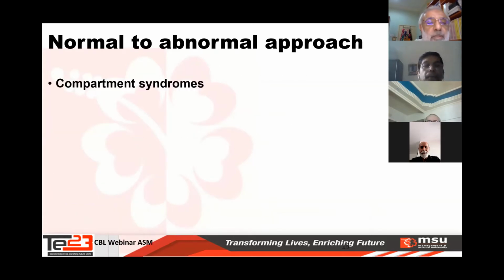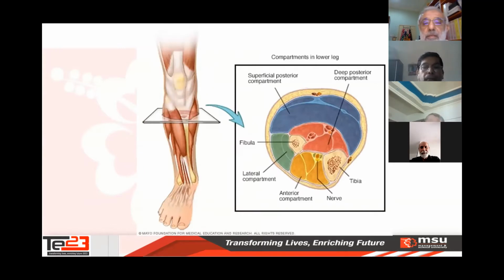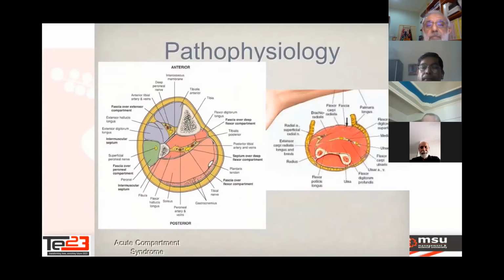The third example is from anatomy, where we can take an example of a compartment syndrome, and students are taught the compartments, for example, in limbs. And then a scenario is presented of a compartment syndrome, and students have to think about and find out what would be happening to different structures in that compartment.